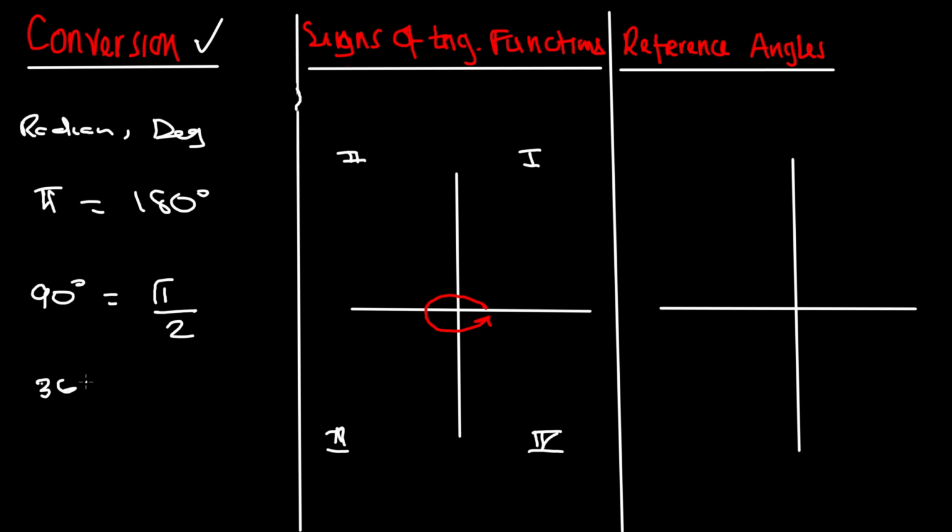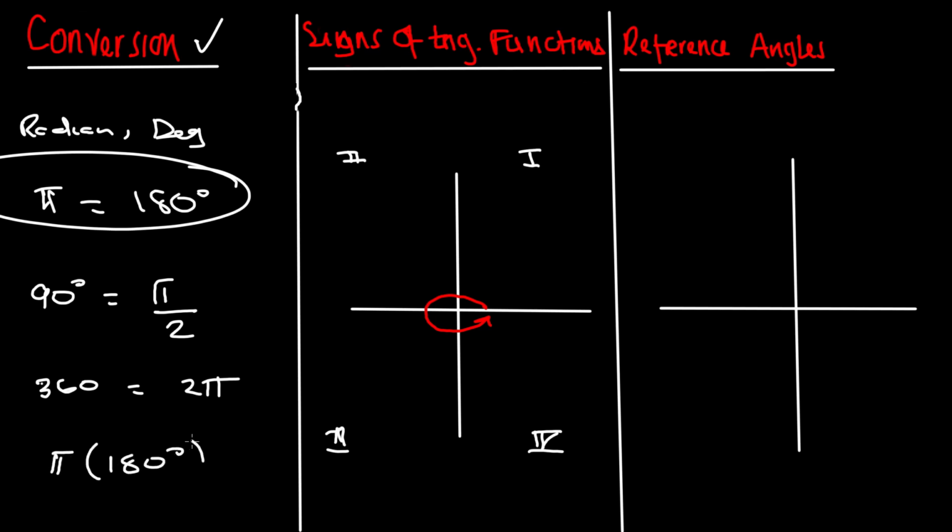If they give you 360 degrees and you have to convert it, you'll find that it's 2 pi. The conversion is easy. We did a number of examples earlier. You can go and check those videos. We're not going to spend so much time on this, but this is a relationship that we need to understand. Where we see pi, let's imagine 180 degrees. This is just a reminder.